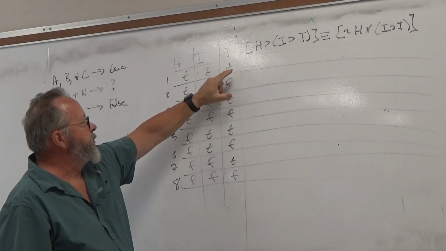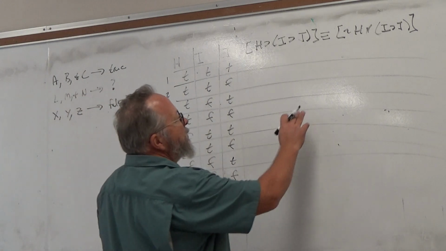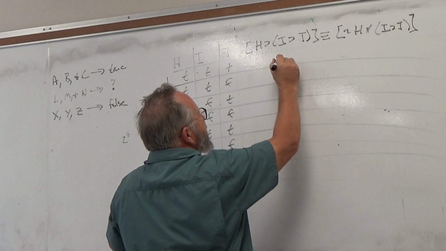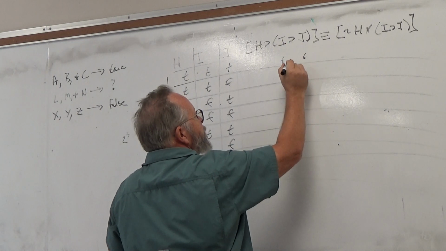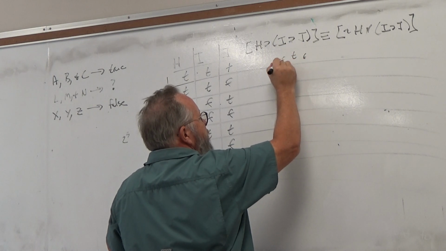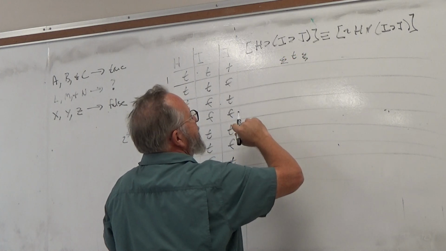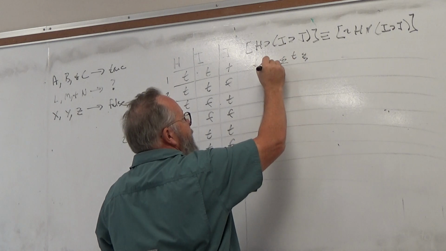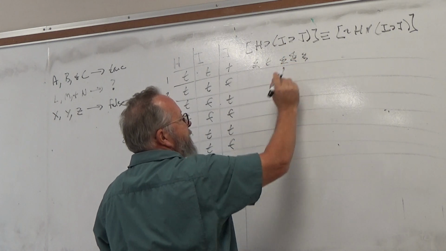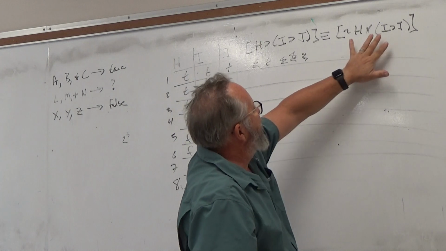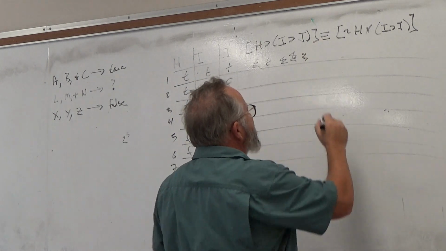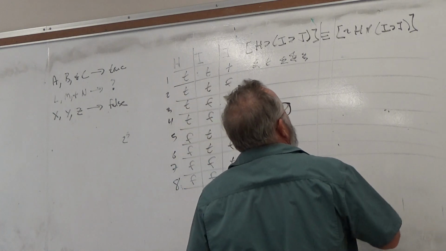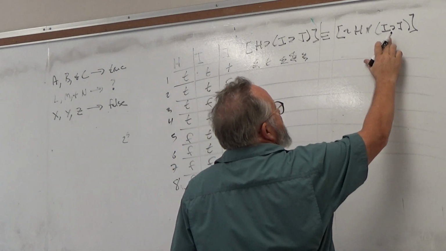True, true, true. Okay, so I have to work from innermost brackets outward. Here we have true, then true, which is what? True. So let me get rid of that because that was the interim. And this H is true, so I have true, then true, which is what? True. So cross out that. Now I've got to figure out this, and then the final operation is the if and only if. This is my main logical operator. Okay.